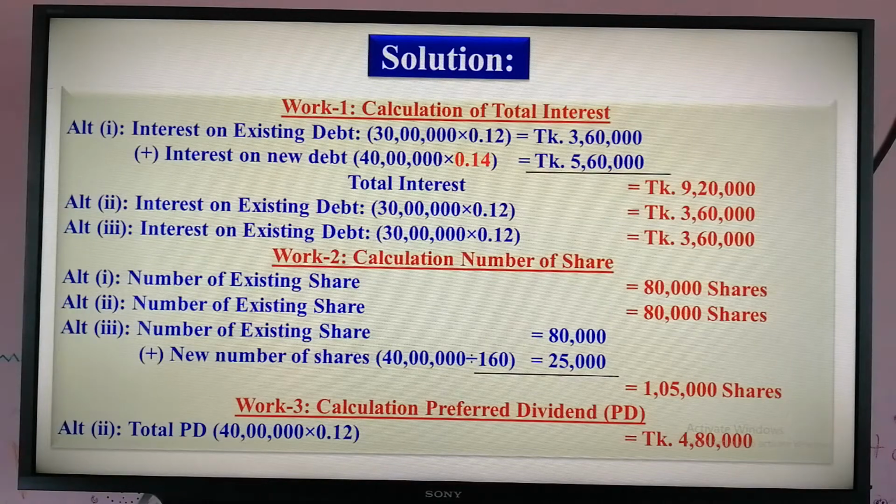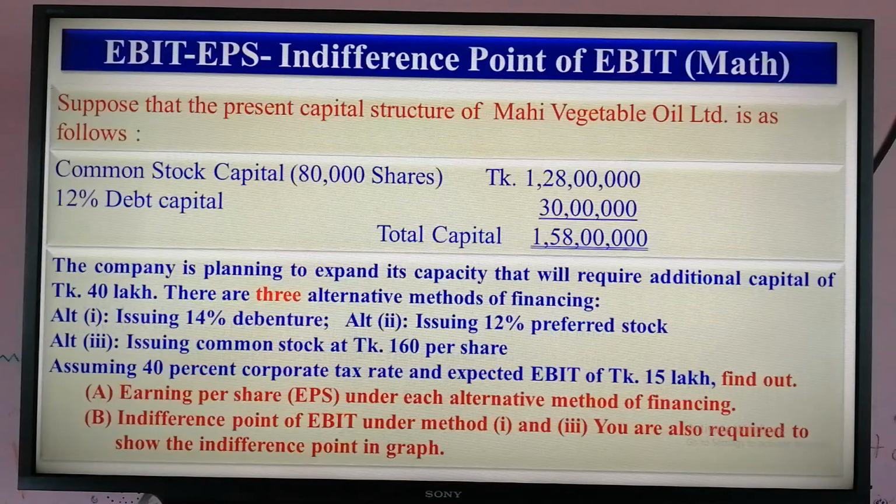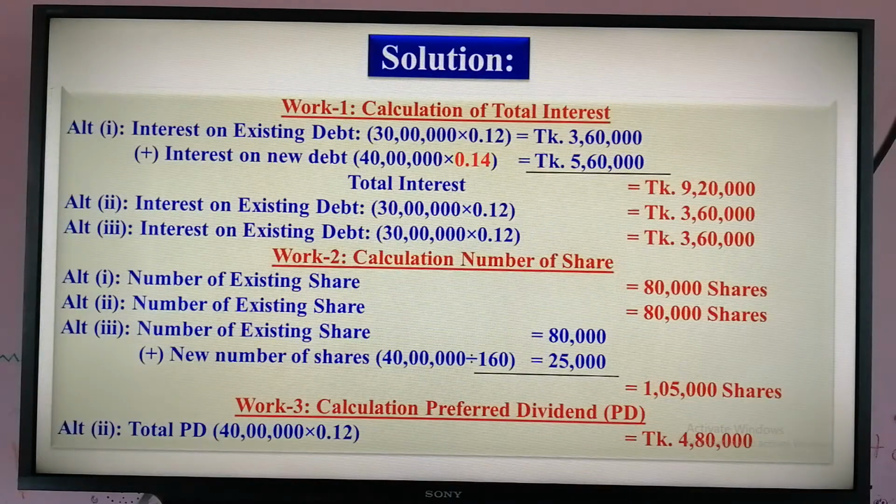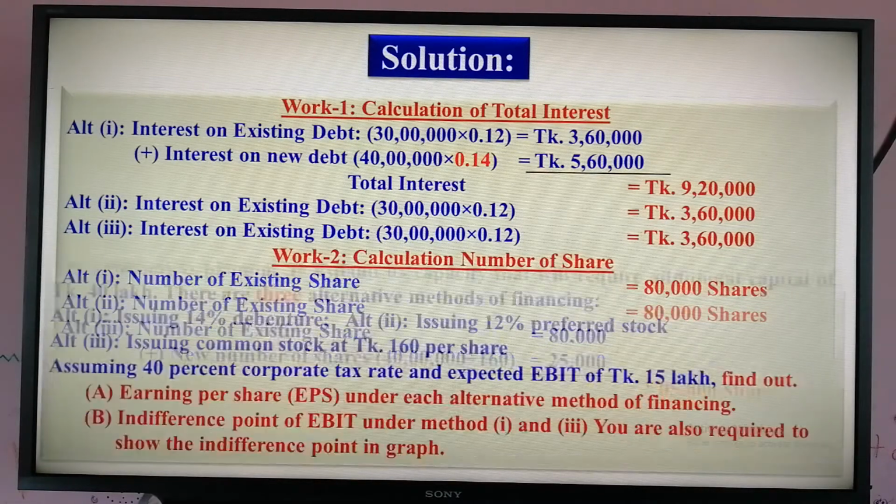And finally, calculation of preferred dividend. As you know, there is no preferred stock in the existing capital. Existing capital shows only 2 sources, common stock and debt capital. So there is no existing preferred stock capital. For that reason, only alternative 2 has to pay preferred dividend: 40 lakh times 12%.